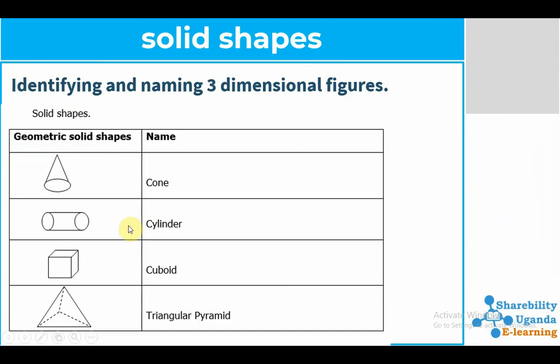Now, here we shall identify some more of these other shapes, identifying and naming their three-dimension figures. These are still part of the solid shapes.